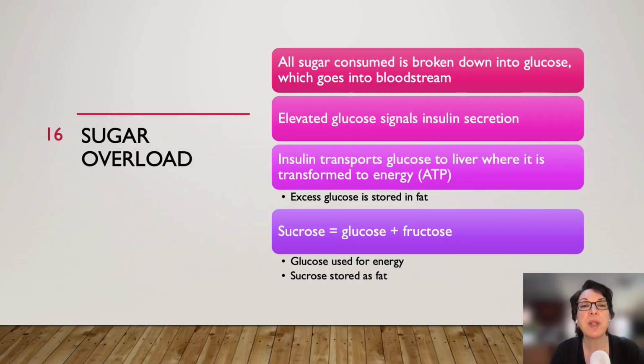So all sugar that's consumed is broken down into glucose, which goes into the bloodstream. And elevated glucose signals insulin secretion. When insulin is secreted, it transports glucose to the liver, where it is transformed into energy, or ATP. And excess glucose is stored in fat.